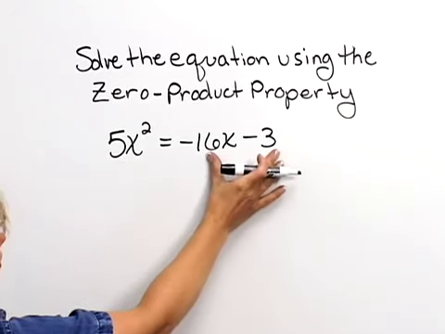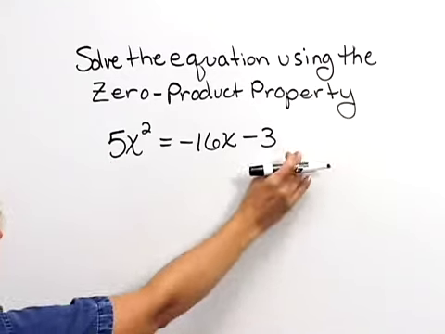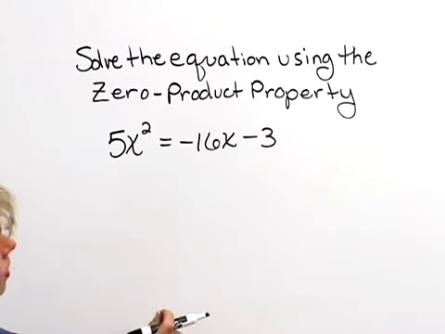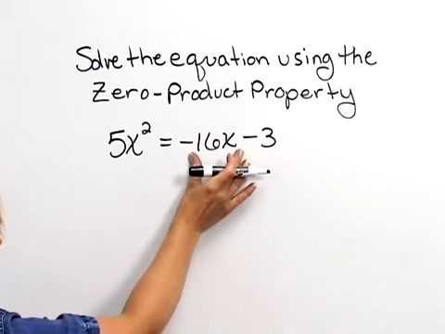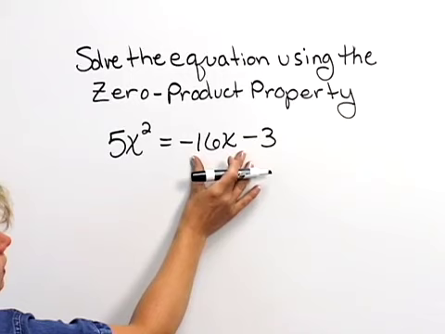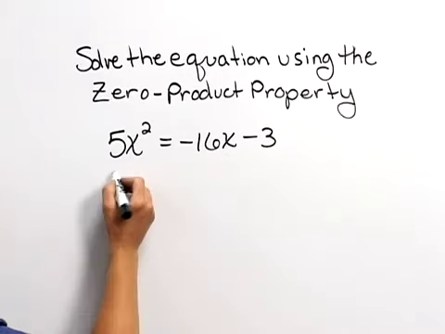So how about if we move both of these terms over here so that we have 0 on the right-hand side? We'll do that by, since this is a negative 16x, we'll add 16x to both sides. And since this is a negative 3, we'll add 3 to both sides.